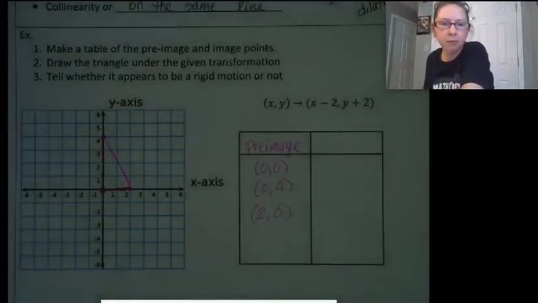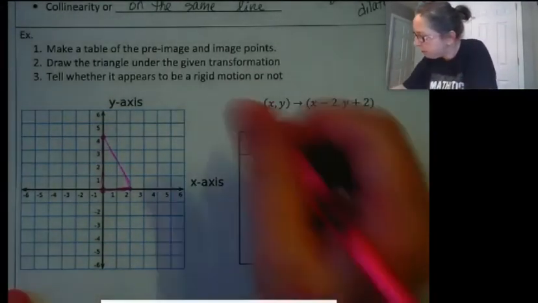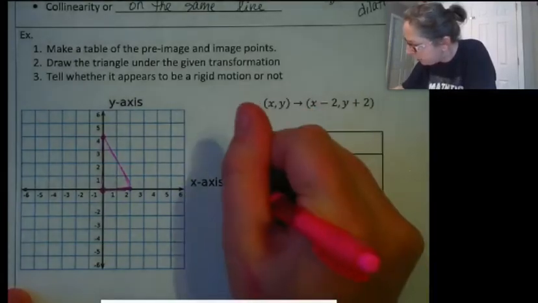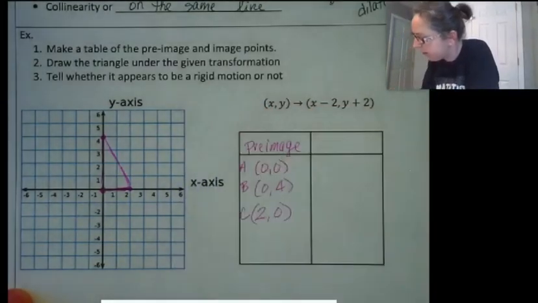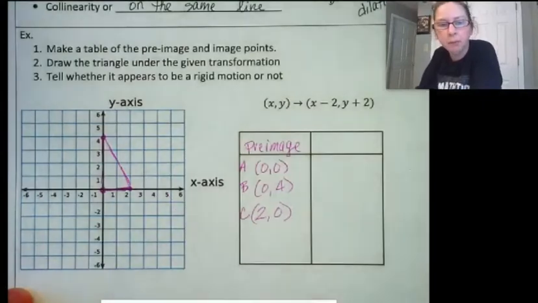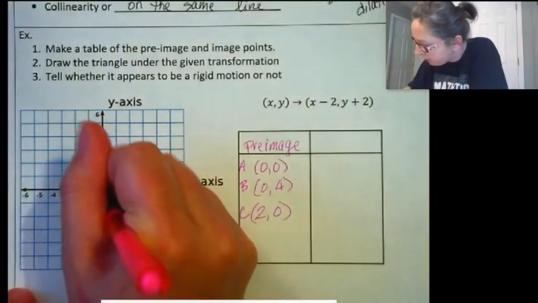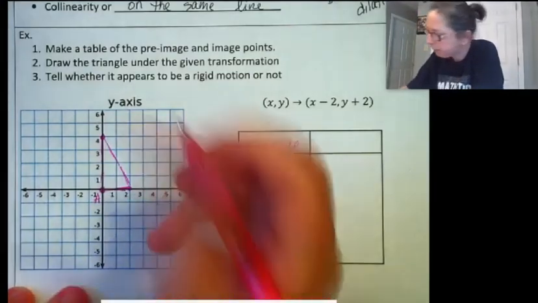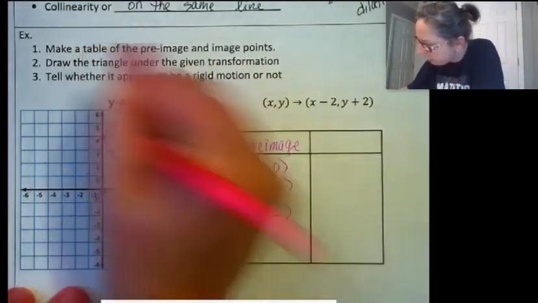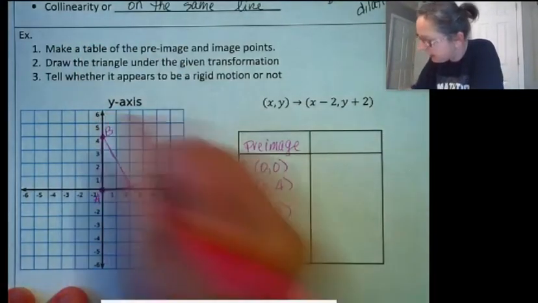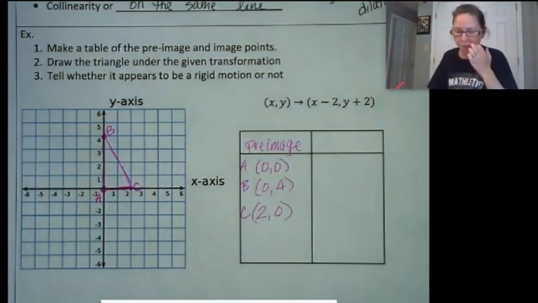I'm going to label these points. So this is point A, point B, and point C. So I need to label them in the correct places, okay? So this point 0, 0 is A, this up here is B, and this is C, okay?